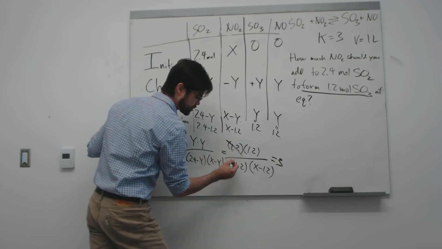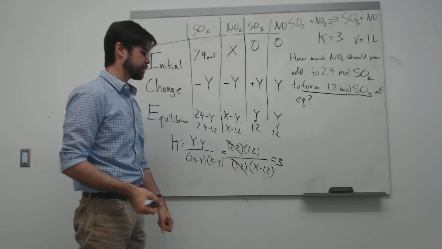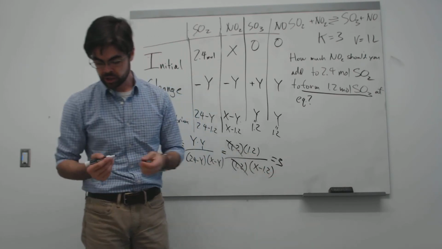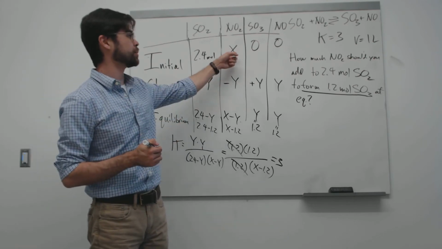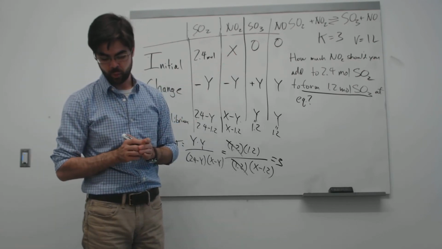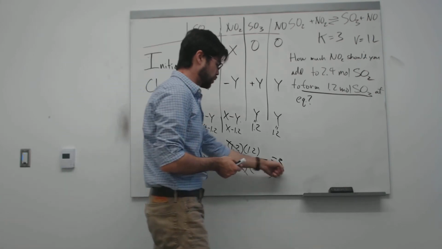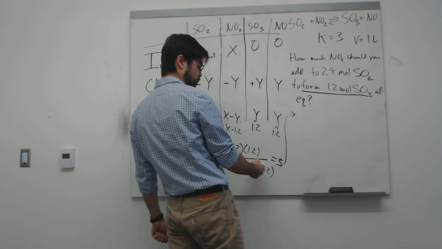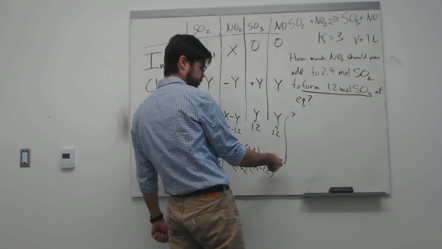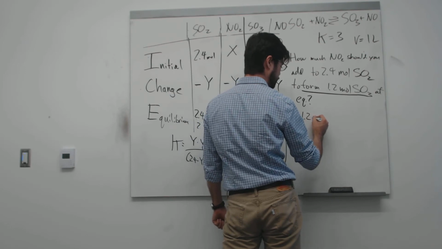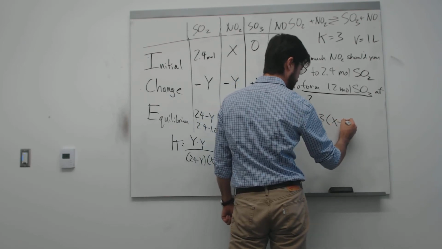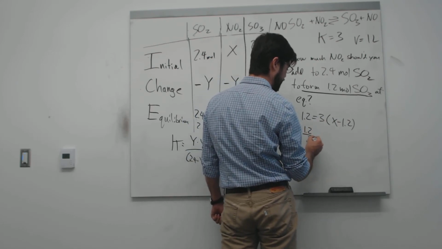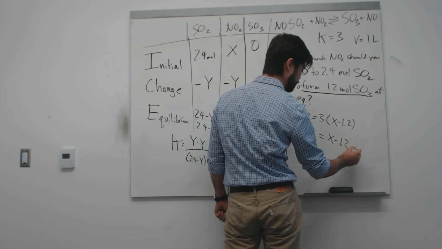So the 1.2's will cancel. My problem now becomes 1.2 divided by x minus 1.2 is equal to 3. Solve for x, where x will tell me how much nitrogen dioxide I want to start with. If I move over the x minus 1.2 and divide by 3, I get 1.2 divided by 3 is equal to x minus 1.2.